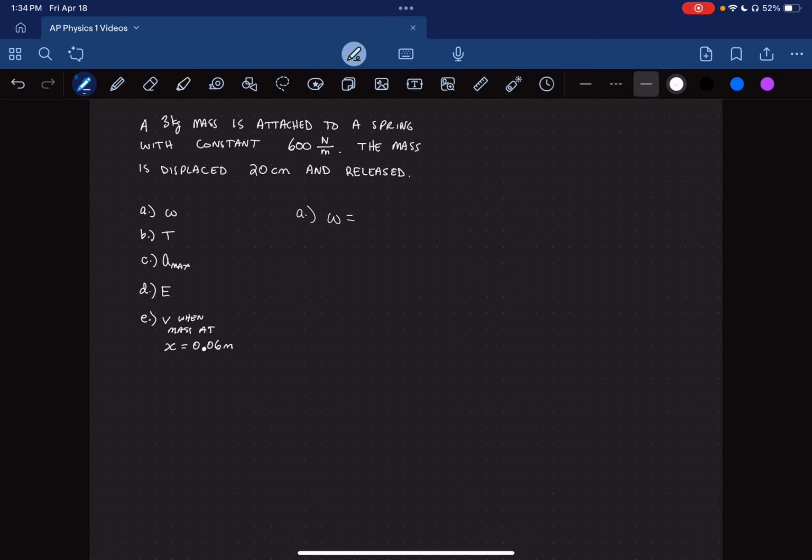Okay, we have mass and we have k. So we can use omega squared is equal to k over m, which means that omega is equal to the square root of k over m.